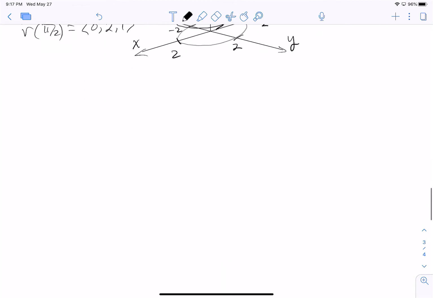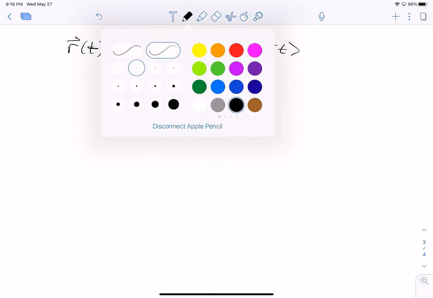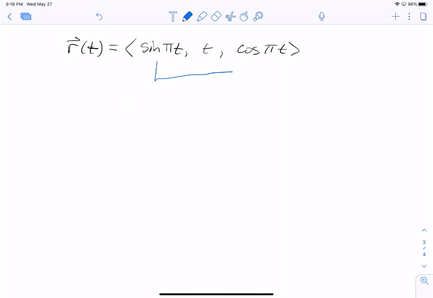Next example, same instructions. The new function here is r of t is equal to the sine of pi t i plus t j plus the cosine of pi t k. This has a similarity to the previous exercise in that we have a sine and a cosine. But now the sine and cosine are related to the x and z coordinates, right?